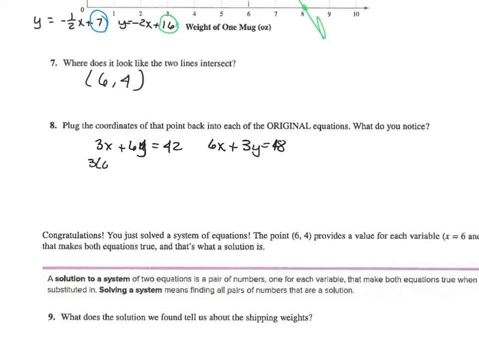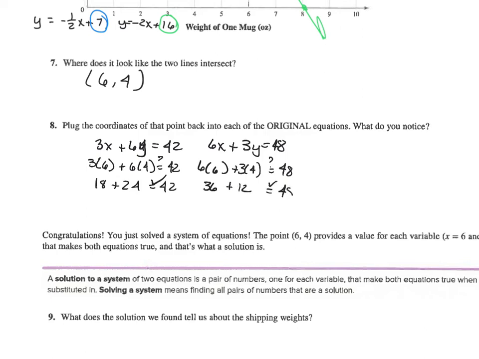So 3 times 6 plus 6 times 4, is that equal to 42? Yes. And then 6 times 6 plus 3 times 4, is that equal to 48? Yes. So both equations are true.